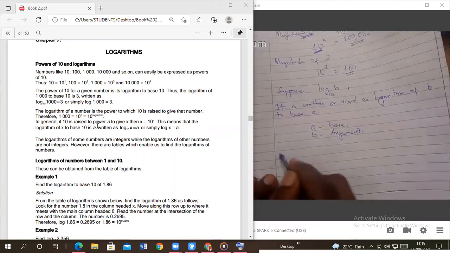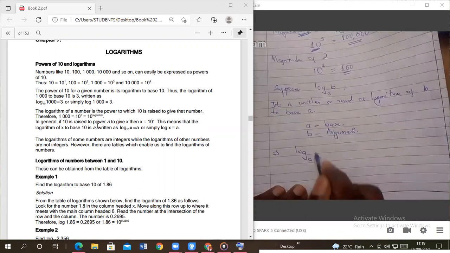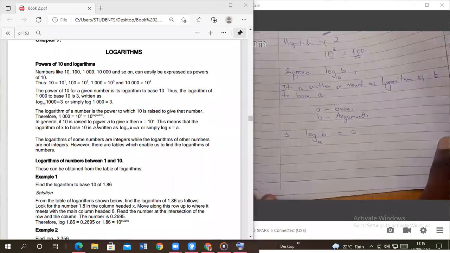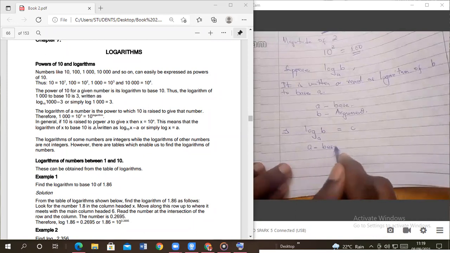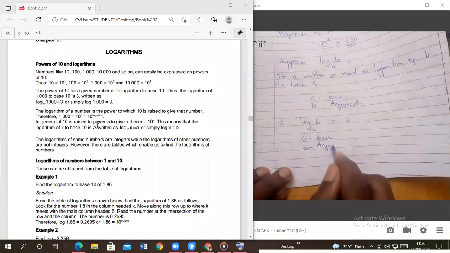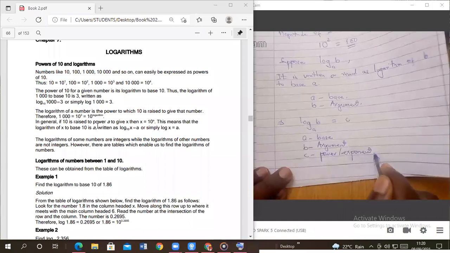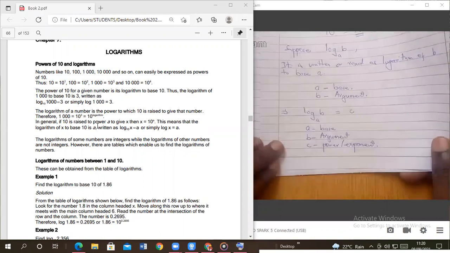So if I write log of B to base A equals C, A is called the base, B is called the argument, and C is called the power, or exponent.